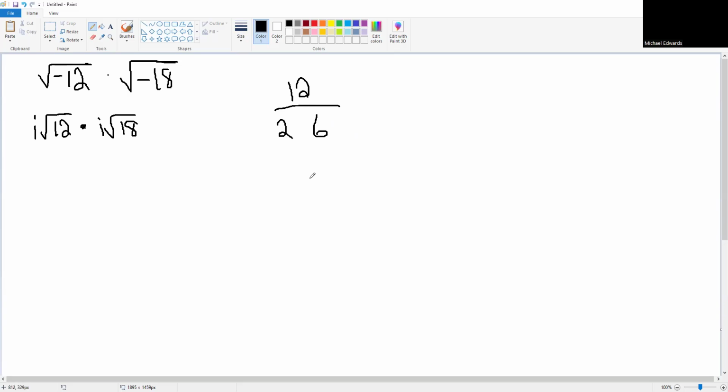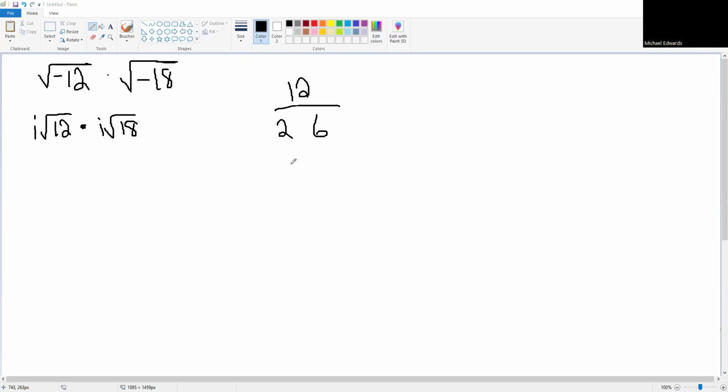Okay. What I mean is you're trying to find perfect squares. Is 6 a perfect square? I'm asking you because I want you to think. So 6 is not a perfect square.